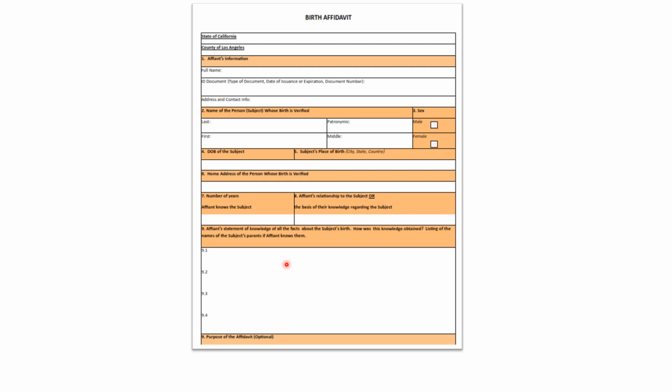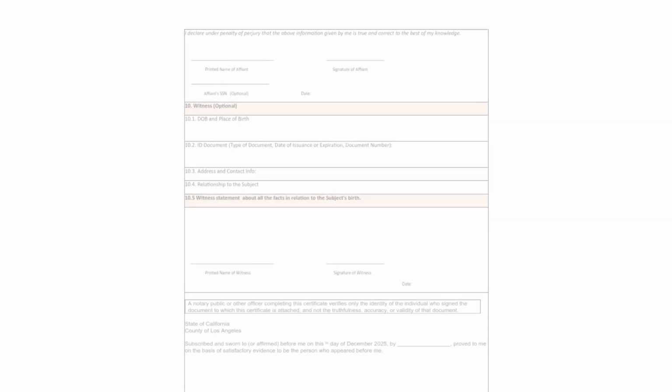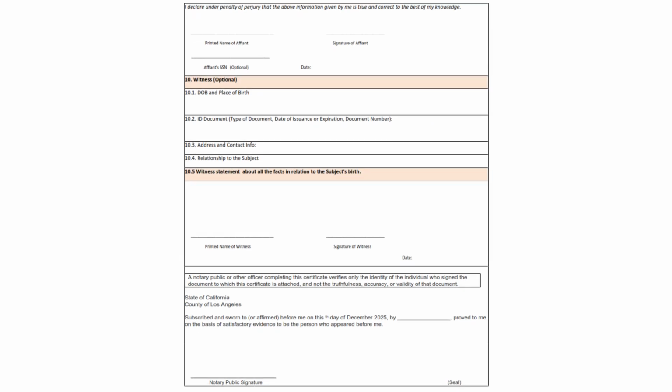There may be other information that the client would like to share about the subject. The purpose of the affidavit is also optional. I just forgot to mention that every piece of information should be pointed. So we have the witness part.